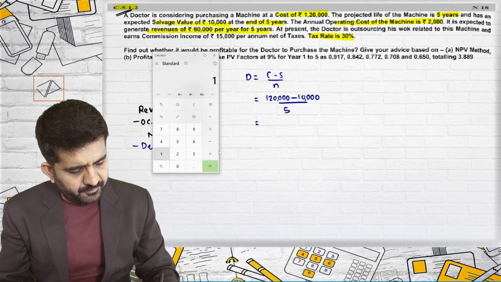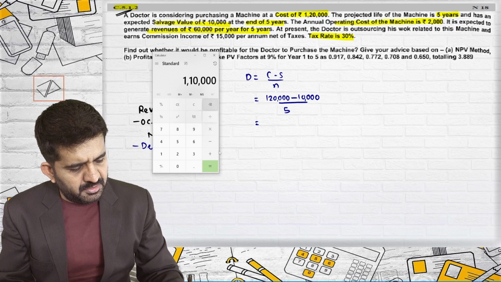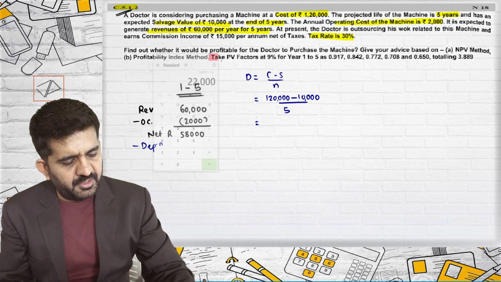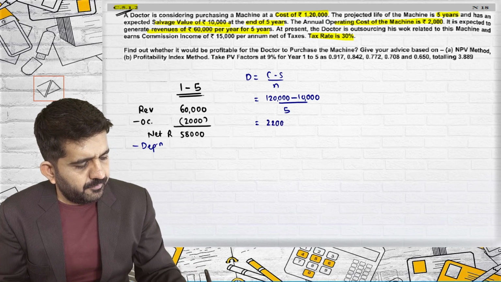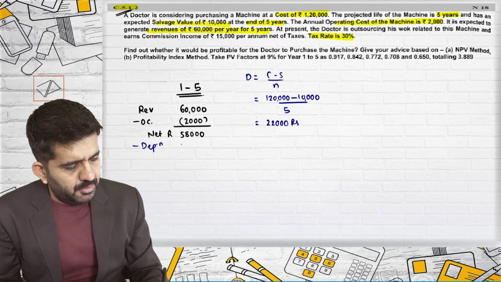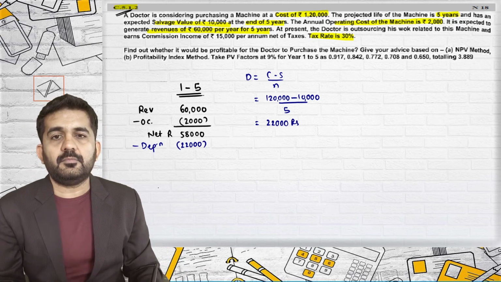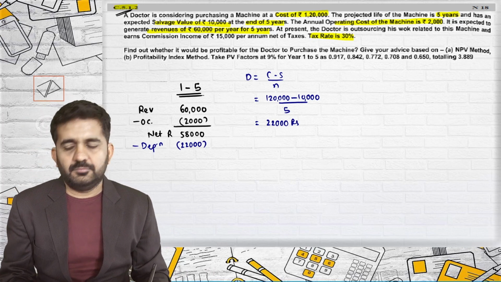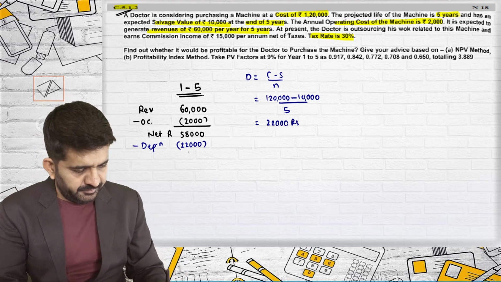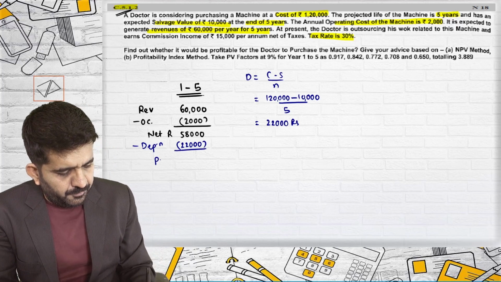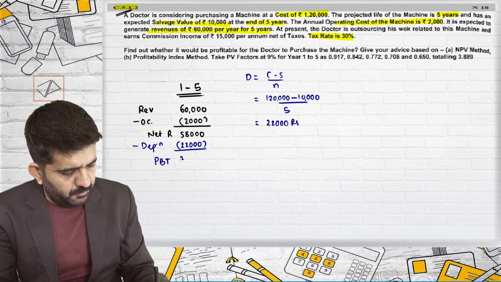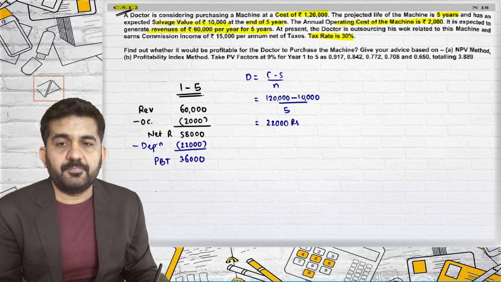That is 1,10,000 divided by 5. That is 22,000. So depreciation is 22,000 rupees. Profit before tax will be 36,000 rupees.